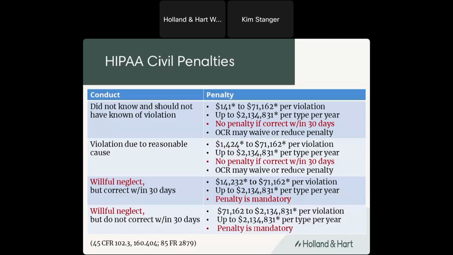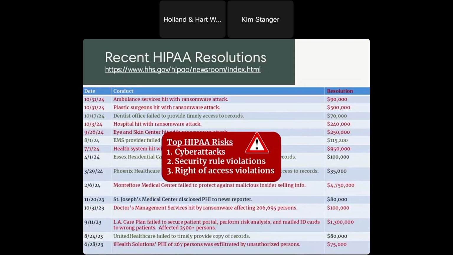Now, remember also that when it comes to that willful neglect, those penalties can add up awfully quickly because each person whose information is improperly violated, or improperly breached, that's a different HIPAA violation. In addition, to the extent that HIPAA requires you to have a certain policy or procedure in place and you didn't have that, for each day that that's not in place, that can also be a separate violation. So those penalties can add up awfully quickly.